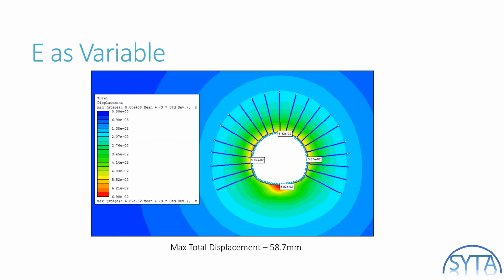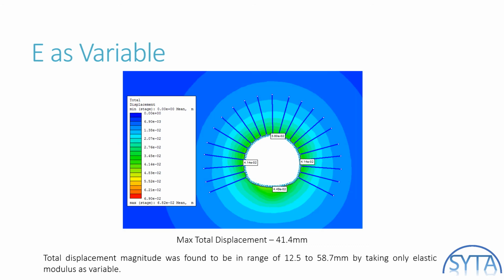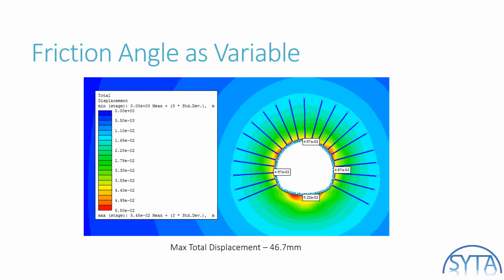So just to review it case by case, firstly, the elastic modulus is used as a variable, which shows a maximum displacement of 58.7 mm, and the minimum is 41.4 mm. So the total displacement value is found in the range of 12.5 to 58.7 by taking only elastic modulus as a variable.